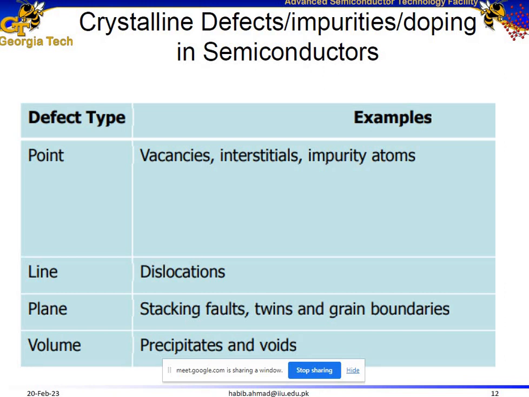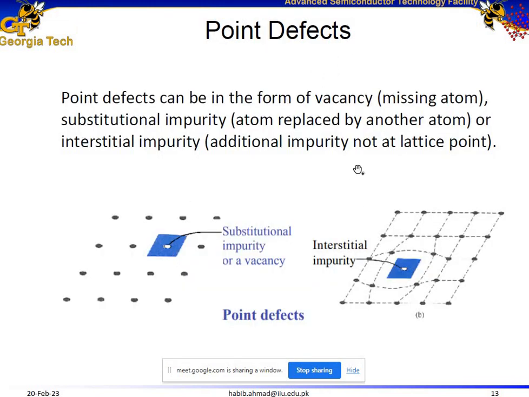But defects could be present in semiconductors, and these could be point defects, which are of the order of an atom: vacancies, interstitials, impurity atoms. There could be line defects, for example, dislocations, planar defects, stacking faults, etc., and volume defects, precipitates, and voids. And now let us talk about each kind of defect.